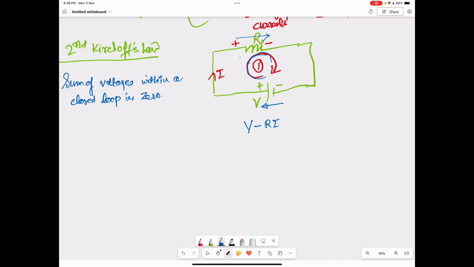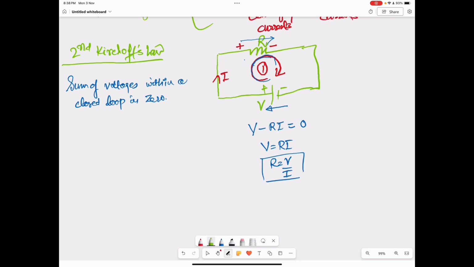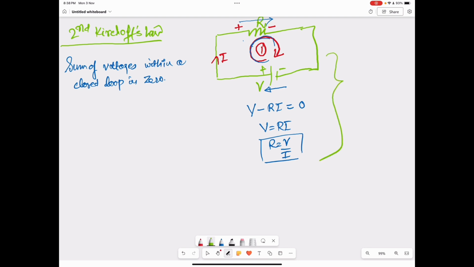So this is nothing but R into I. And within a closed loop, the sum of all the voltages is 0. So I can write V is equal to R into I. So R is nothing but V by I, which is Ohm's law. I have already explained. So I have considered a very simple circuit to explain Kirchhoff's law.